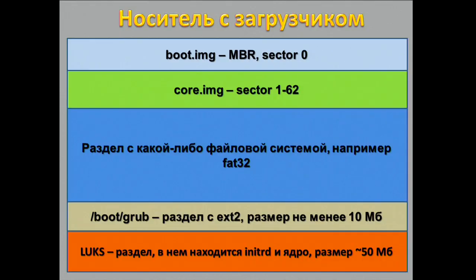So what is the structure? This is a regular flash drive, it has a GRUB loader, which could be in a file system like FAT32. Also there is a hidden section, protected with a password.